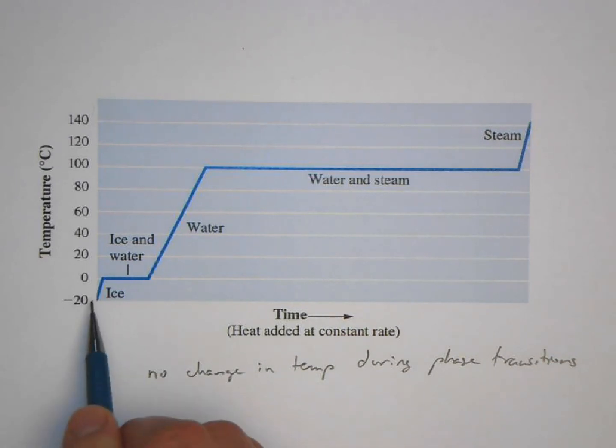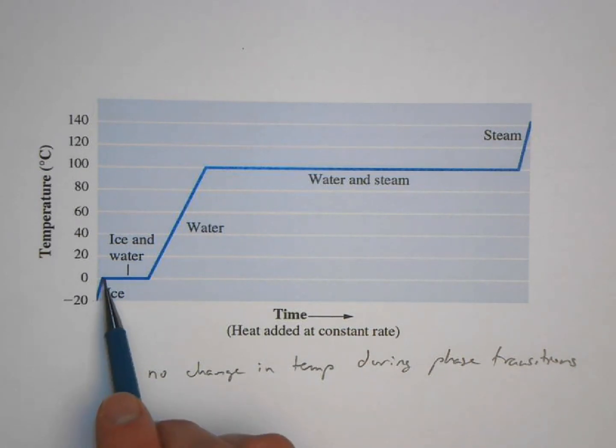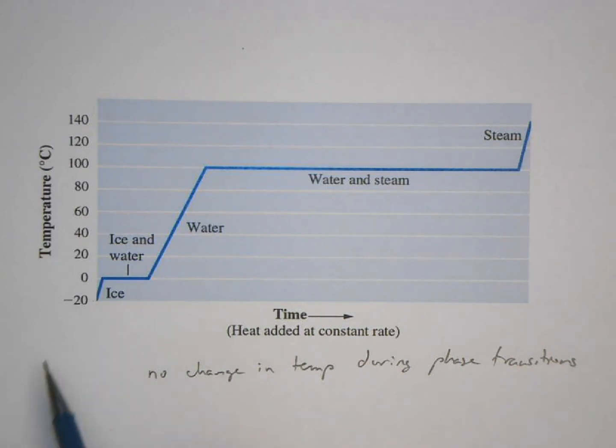So the heat capacity of the solid ice will determine the slope of this line. In other words, how fast the temperature changes depending on how much energy you've put into it. And then once we reach 0 degrees, which is the normal melting point of ice at 1 atmosphere.